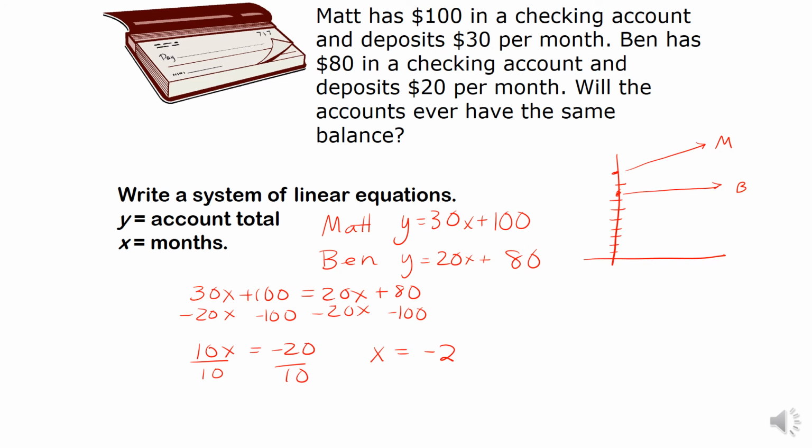Well, we're talking about months. Do we have negative months? Did he have money before then? We don't know. We start at month 0 when he had 100 and Ben had 80. So the answer to this one is no, Ben can't catch up to Matt because he's not saving enough per month. Okay? So that's really important that you think about the logic of the problem as well.